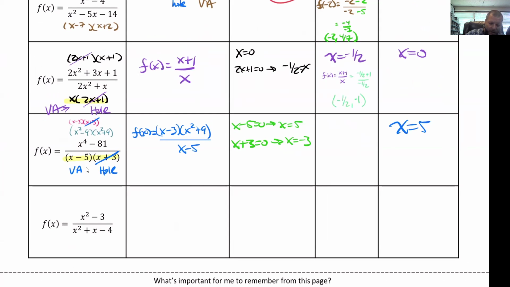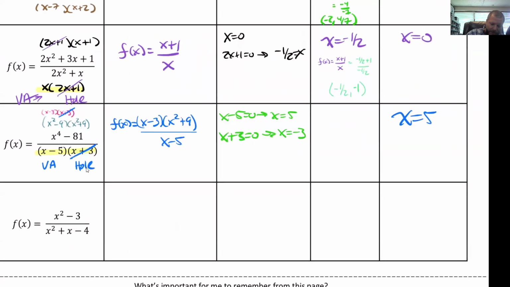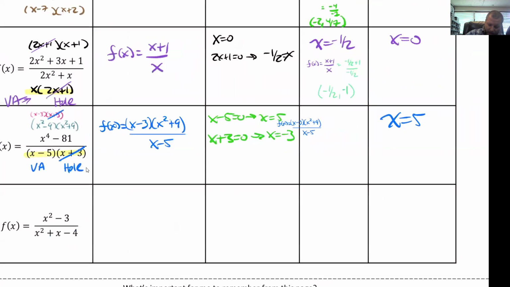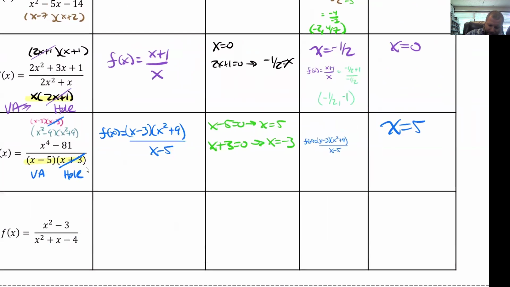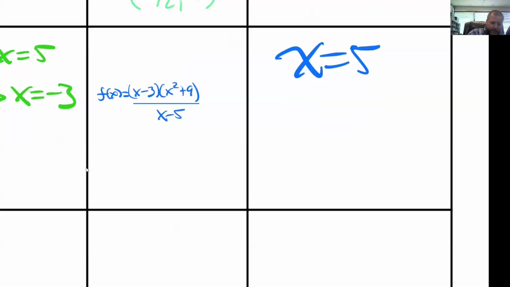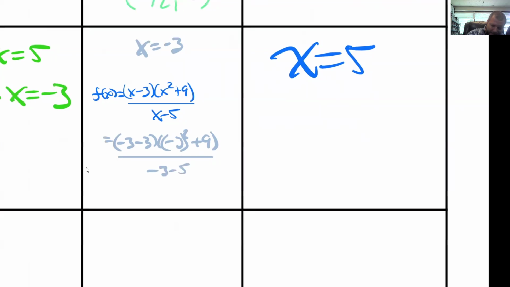To find the y coordinate of my hole, I'm going to take my function and plug in x is equal to -3. That's going to give me -3 minus 3, times -3 squared, be careful with parentheses, plus 9, all over -3 minus 5. So this is -6.